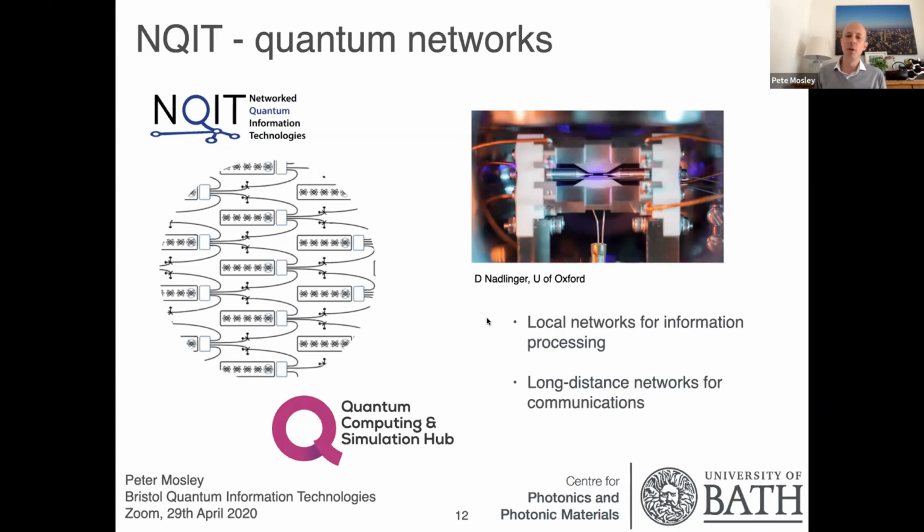So if you want to build a local network for information processing, you need more than one node, because you can get maybe 10 or 20 trapped ions in one trap, but you need more than that to do useful information processing tasks. So you need to build several nodes and have them talk to each other. And of course, if you want to do long distance communications, then you need your nodes to be able to talk to one another using photons, ideally transmitted down optical fiber.